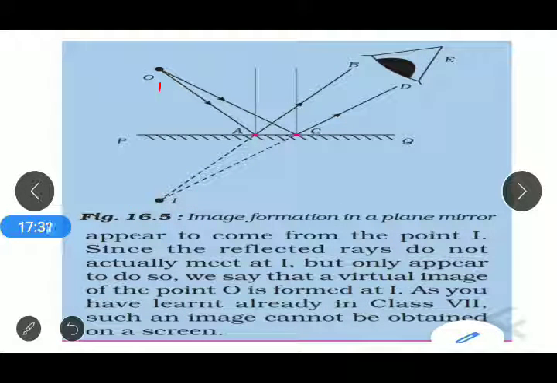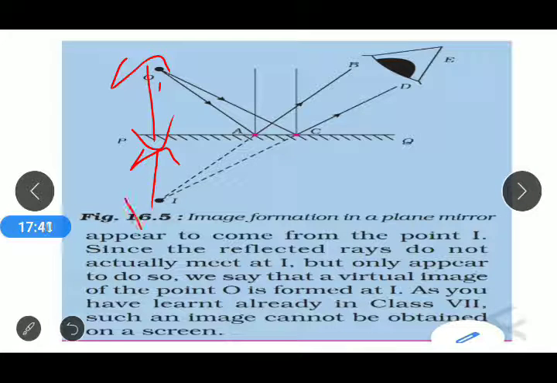And if we compare the distance from the object to the mirror and from the mirror to the image, it will remain the same.